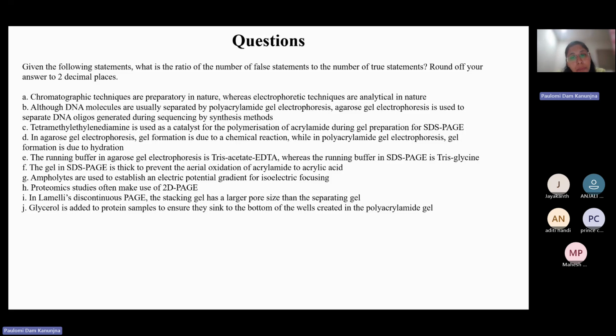The last two are in laminalized discontinuous page. The stacking gel has larger pore size than the separating gel, and glycerol is added to proteins to ensure they sink to the bottom of the well created in page. So how many of these do you think are correct? How many of these do you think are incorrect? And then give me the ratio of it.